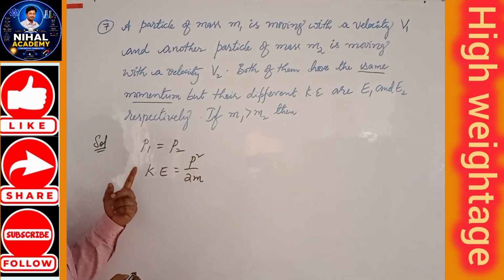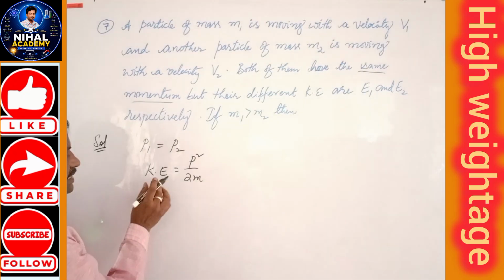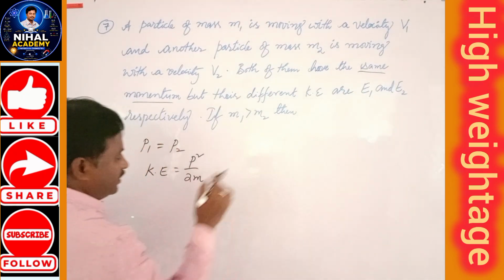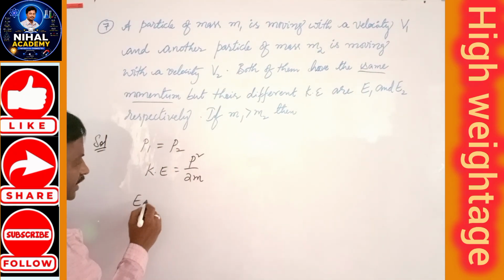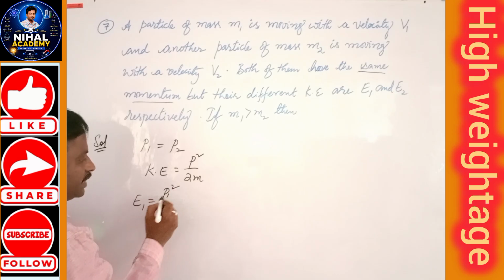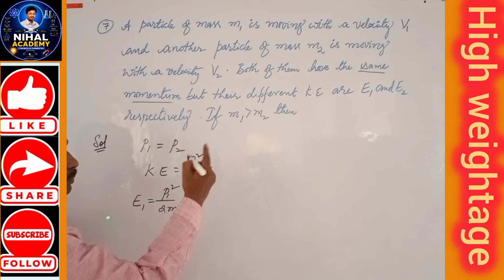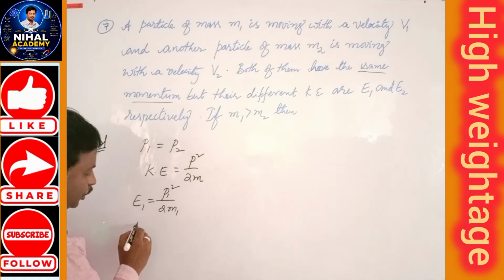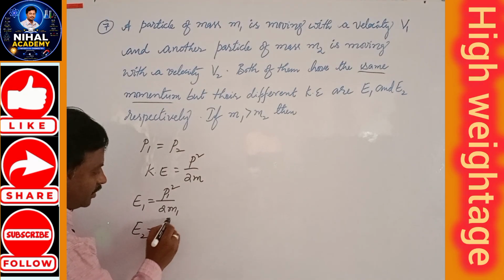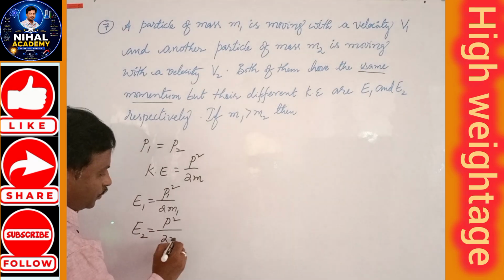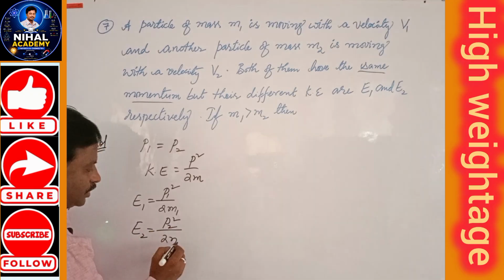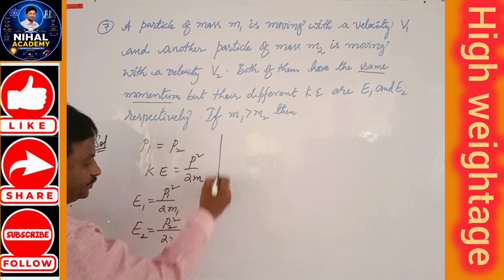First we apply it to the first particle: KE equal to E1, so E1 is equal to P1 squared by 2m1. And we apply it to the second particle: E2 is equal to P2 squared by 2m2.